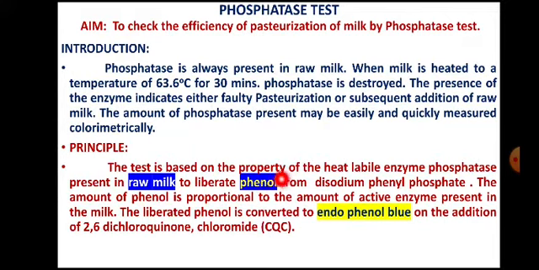So this enzyme catalyzes the conversion of disodium phenyl phosphate to phenol. This phenol is a yellow colored compound. Now the color of milk is white. Phosphatase enzyme, when it acts on disodium phenyl phosphate, leads to formation of yellow colored phenol.